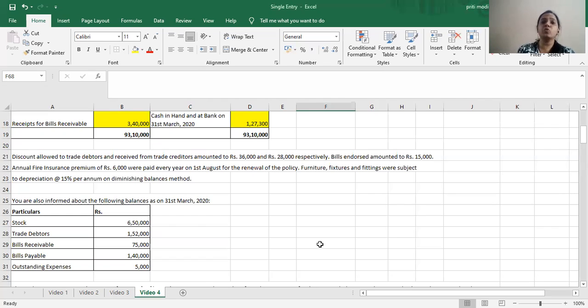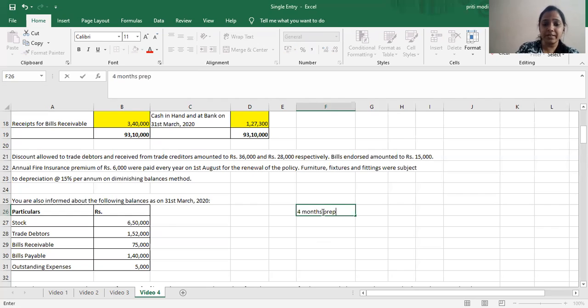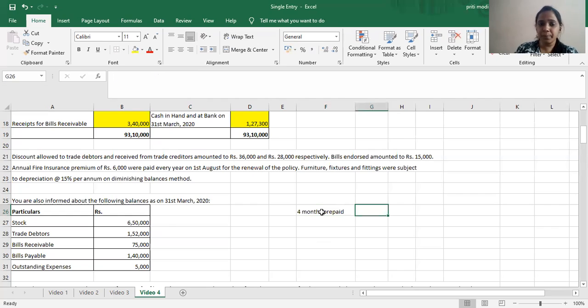Our books are being closed on 31st March, and prepaid is April, May, June, July. So 4 months it's prepaid. You are paying 6,000 for the entire year. So the prepaid amount would be 6,000 rupees divided by 12 months into 4 months. So 2,000 is the prepaid amount.